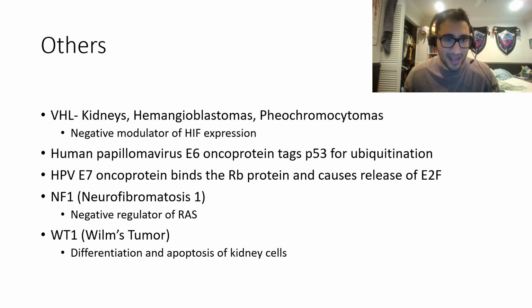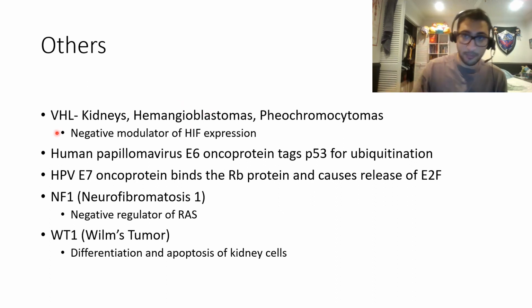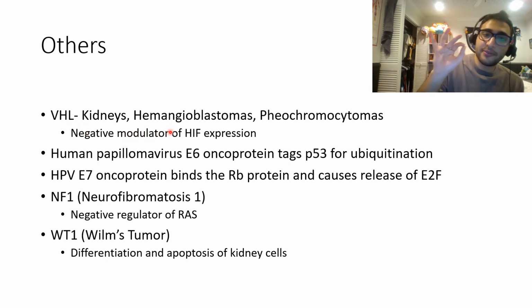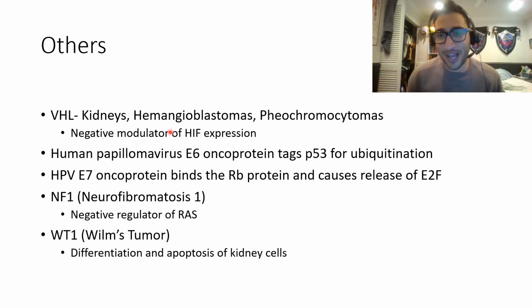And just a rapid-fire cover of the other kind of important tumor suppressor related things, in my humble opinion. Von Hippel-Lindau, VHL. Basically, the von Hippel-Lindau protein is a negative modulator of hypoxia-inducible factor expression.